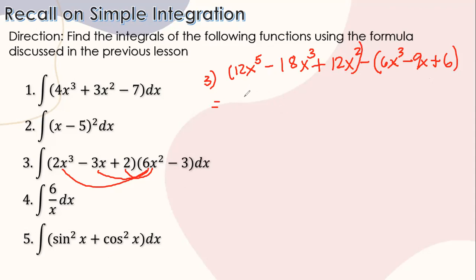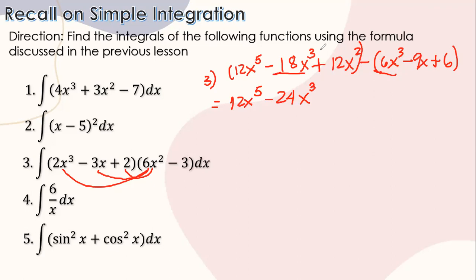Do we have x to the fifth? 12x to the fifth. No x to the fourth. For x cubed, we combine negative 18x cubed minus 6x cubed. Double negative, so they add: negative 24x cubed.